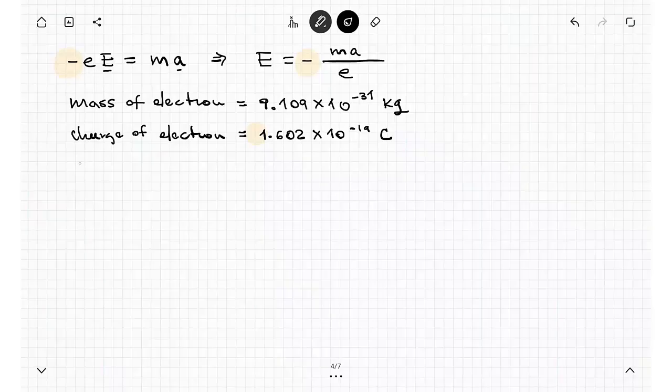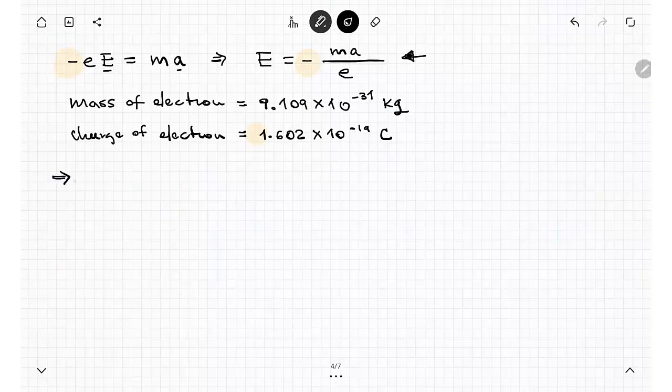So we want to replace these terms into equation number 1, and we already know the acceleration, right? That was calculated on the previous step.